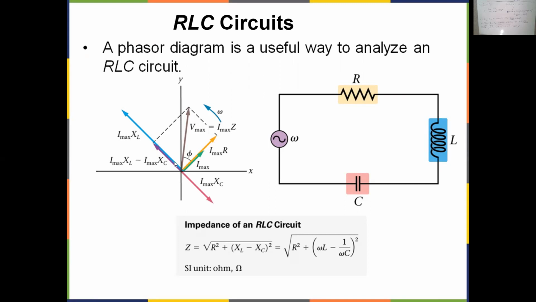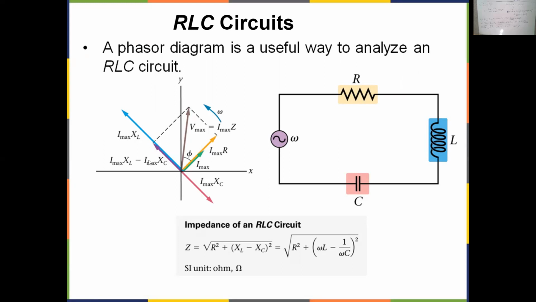Then overall, we'll be adding those three vectors up: this red one, this blue one, and this yellow one. You can see the blue one and the red one are in opposite directions, so you can subtract one from the other.